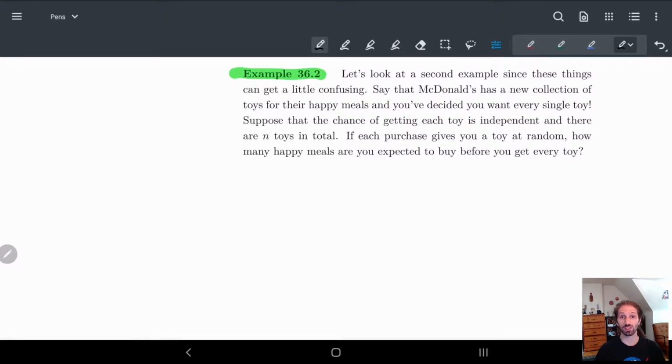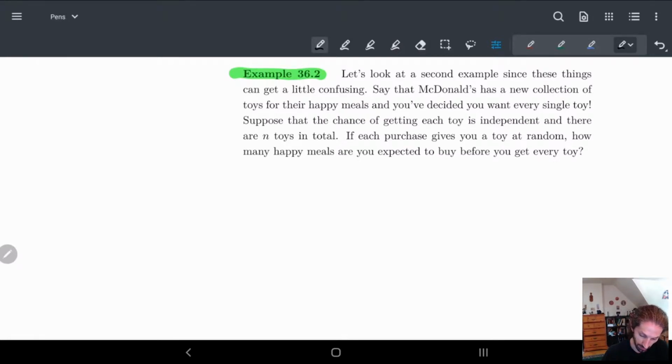Well, what is this question asking? How many Happy Meals do I need to buy to get every toy? In other words, what's the expected number of Happy Meals I need to get? So that's basically it. I'm asking, what's the expected value? So actually, we're gonna tear this down a little by little and figure this out.